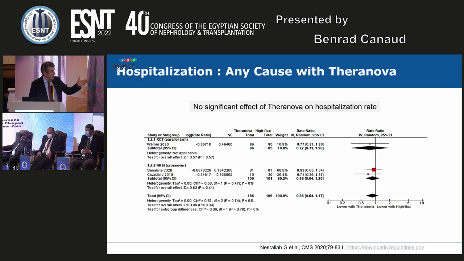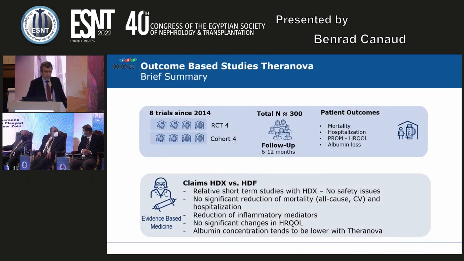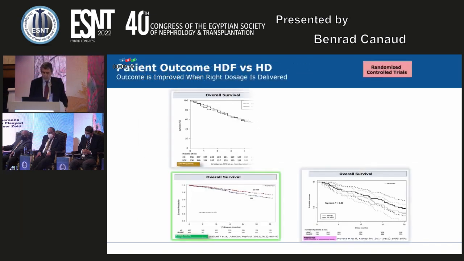This meta-analysis does not show any beneficial effect for hospitalization. So again, looking at the outcome-based studies, brief summary: all the studies are very short-term, less than 1 year. No safety issue, no significant reduction of mortality, no significant reduction of morbidity. So at the end, there is no proof of superiority.